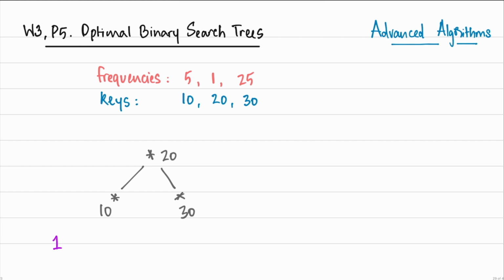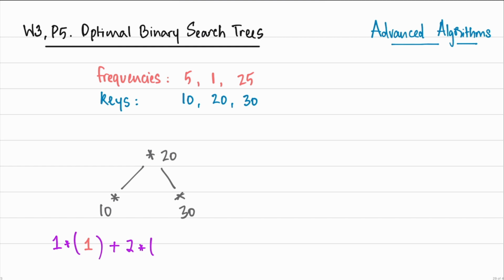So we just pay a unit cost of access for the element 20, but we are going to weight that by the frequency with which 20 is accessed, which happens to also be 1 in this case. And for 10, the cost of access is going to be 2, because you'll have 2 steps to get to 10. You'll have to go through the root and then reach 10.